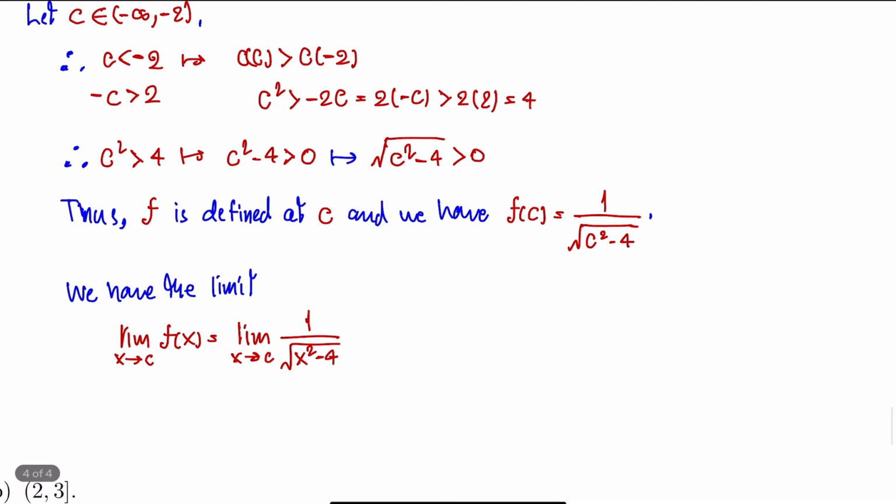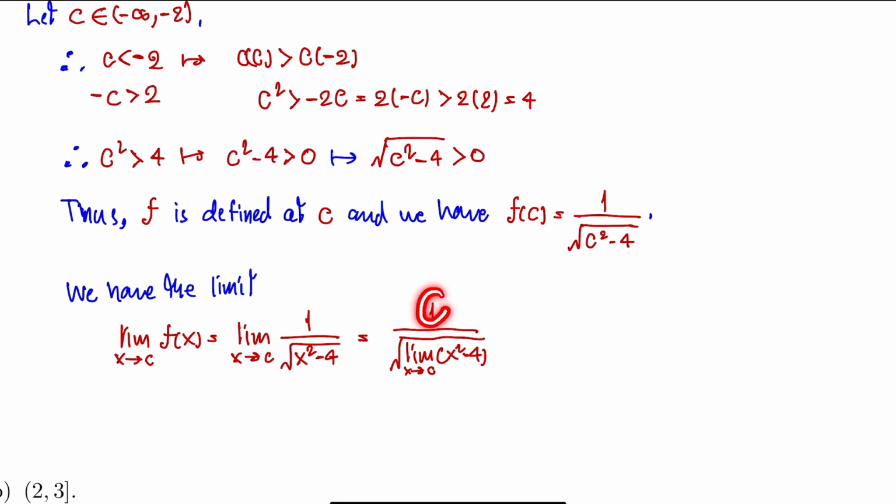Then what can we do next? We know that the limit of a polynomial always exists, right? That means that we can distribute this limit into the numerator and denominator. So we're going to have 1 over the square root of the limit as x approaches c of x squared minus 4.